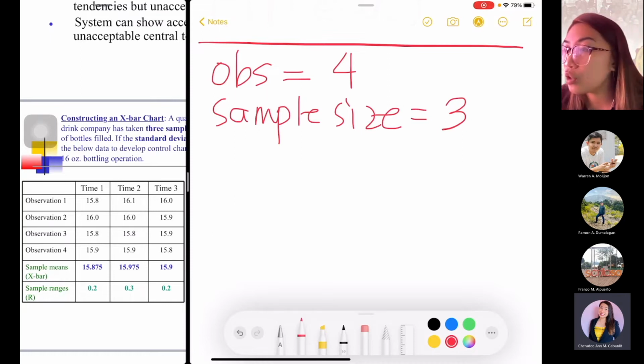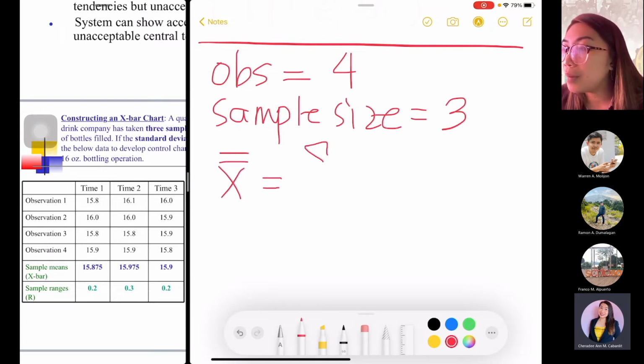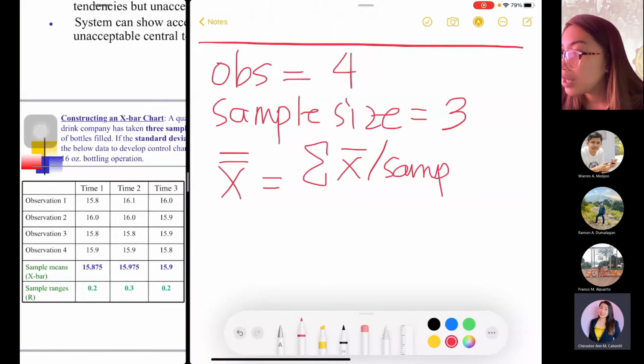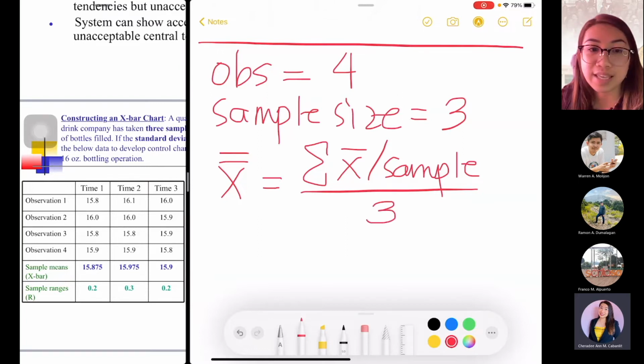Okay, so in this case, your double barred X now, guys, is actually the summation of all the X's, of all the averages per sample, and then it is divided by how many sample size do we have, which is 3, in this case.